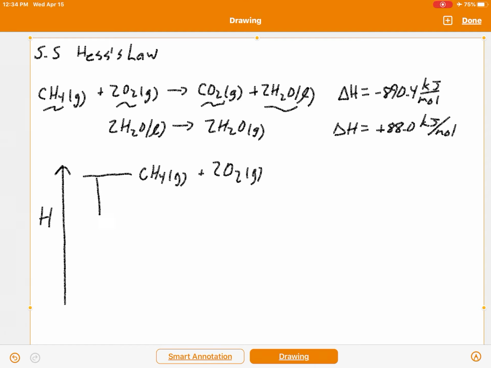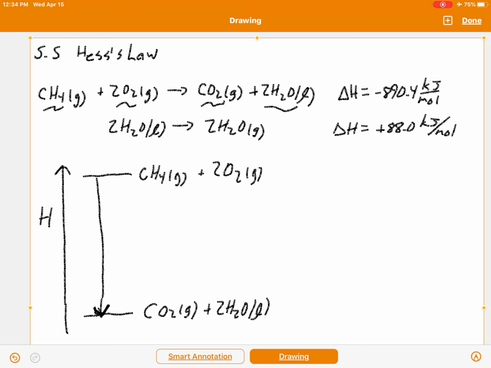And then I'm going to note that the enthalpy of carbon dioxide and liquid water is lower than that. Okay? Essentially, it's the energy content.